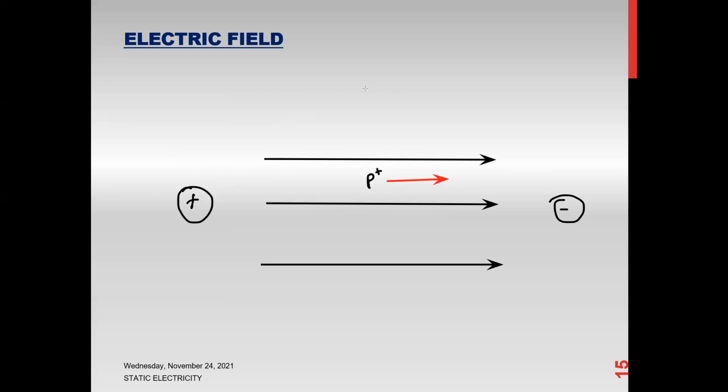But if I place an electron in this field, electron is negative, so it means the electron is attracted towards the positive charge.